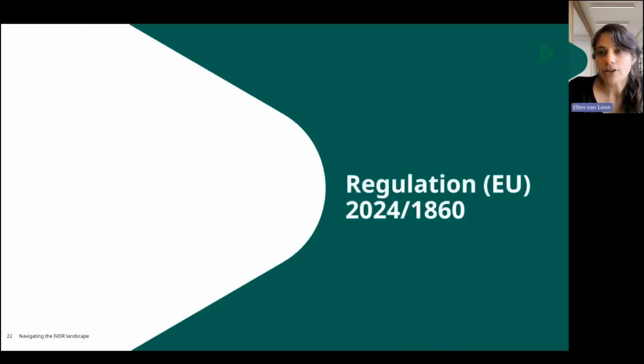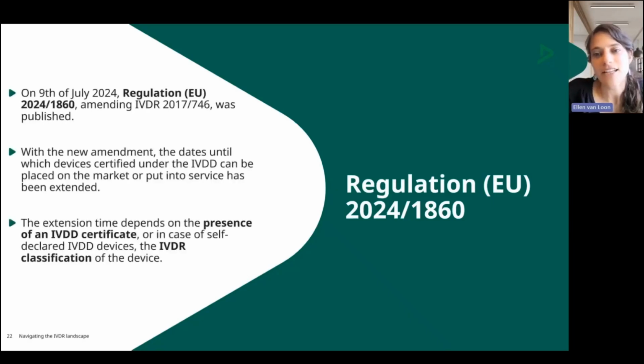Our last topic will be on the recent extension, and this is the second significant postponement. Here the European Union has decided to grant additional time for the implementation of the IVDR.